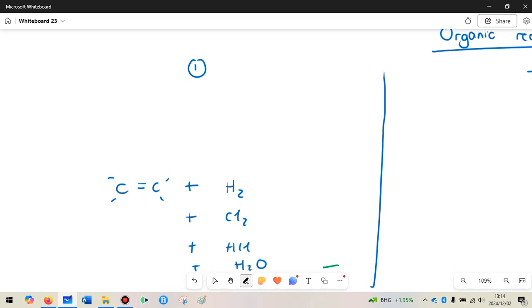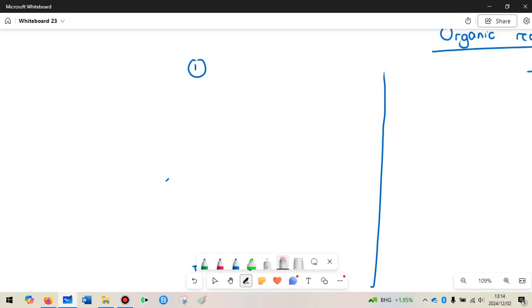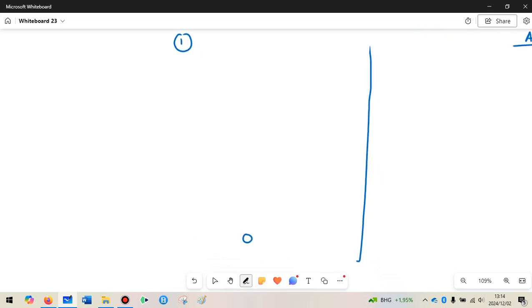So those are the things we're going to add in, and we're going to see what sort of reaction conditions you need, what are the catalysts, things like that. We're going to look at what you're adding in to figure out what the reaction is called, because it actually makes a lot of sense. So we're starting with hydrogenation reactions.